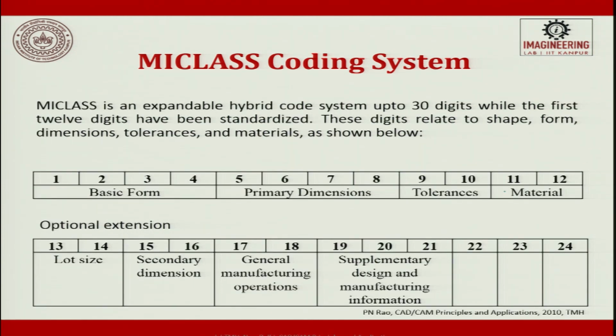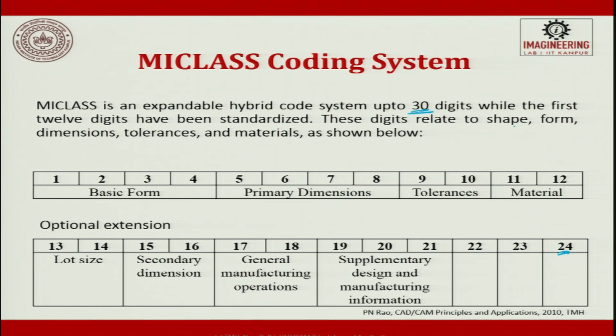This one has a coding system of up to 24 digits. These are optional if you want to use them, otherwise the main code has only 12. It has 30 digits, so you should be careful. When you use 30 digits you go deeper into a part, but every time you store data you will have to give 30 digits. The first 12 are standardized.